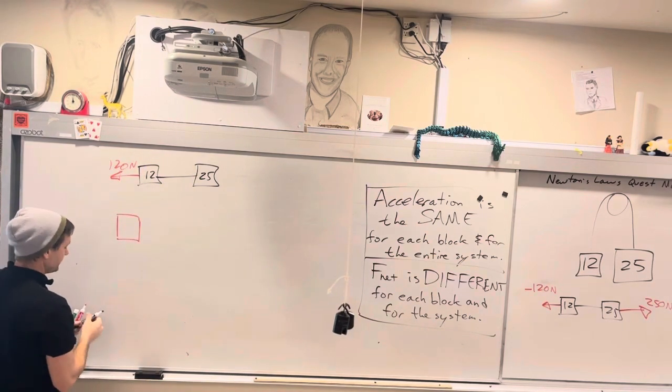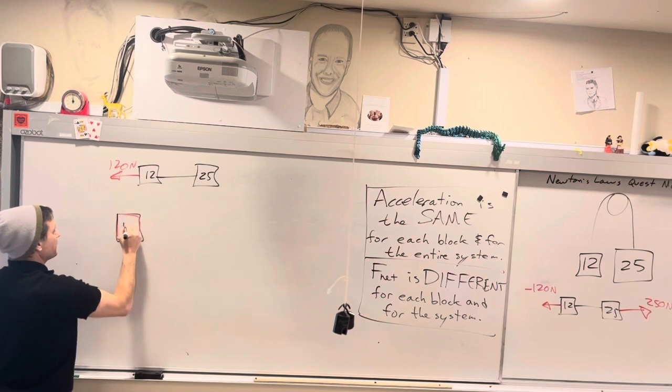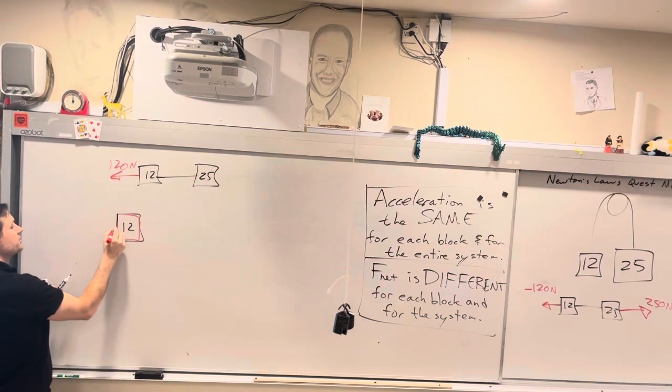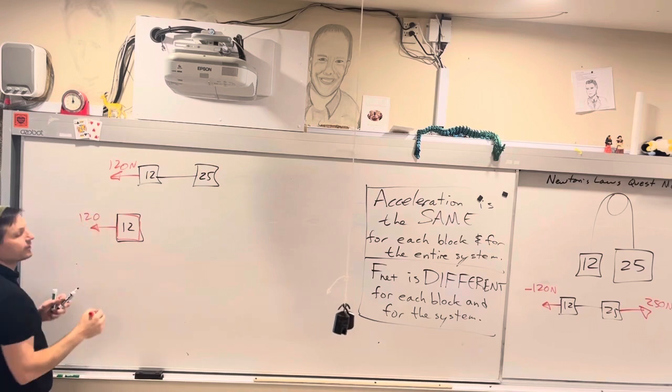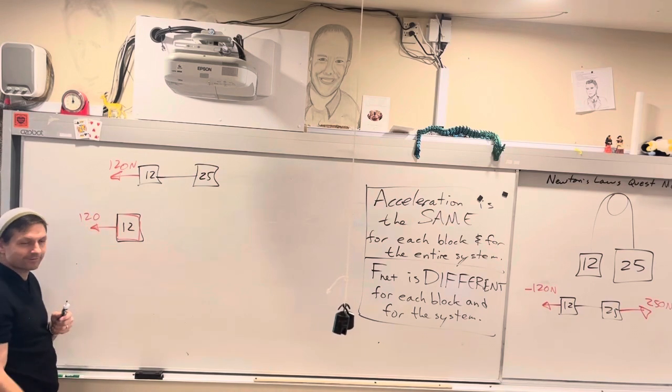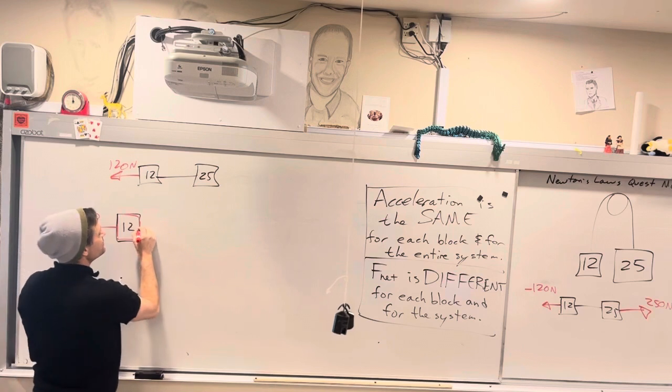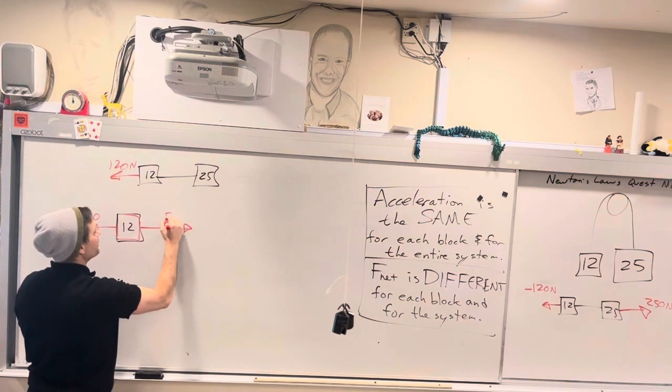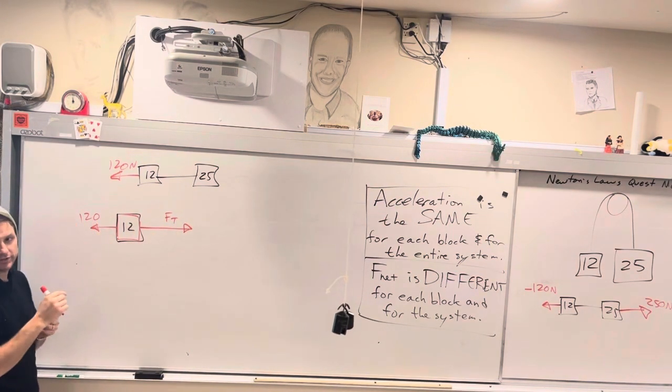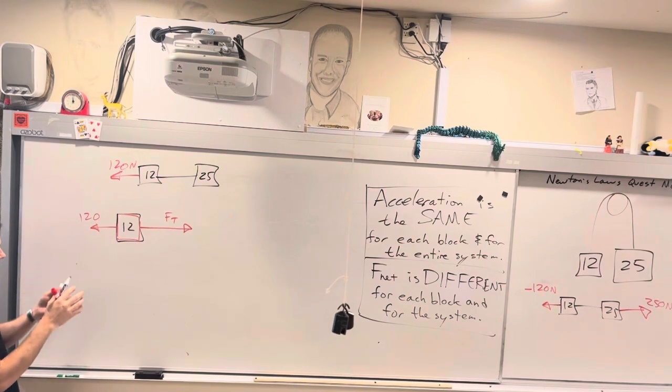Okay, so we have 120 going this way. Is the 12 the winner or the loser? It's the loser. Poor 12. That means that the tension has to be bigger. It's going to be bigger than the 120, right? Because the 12 has to lose.